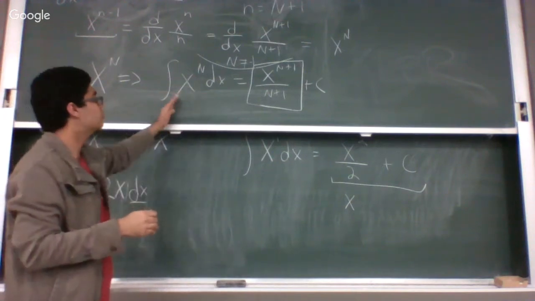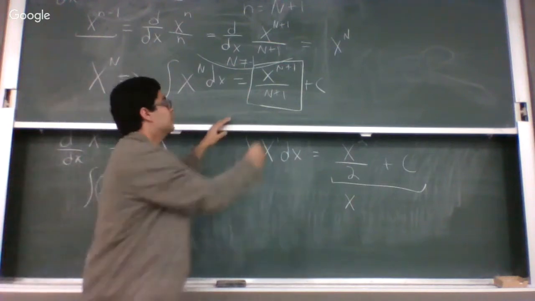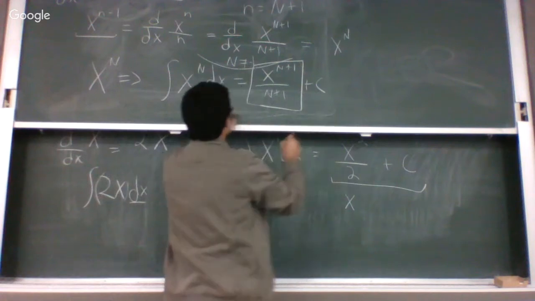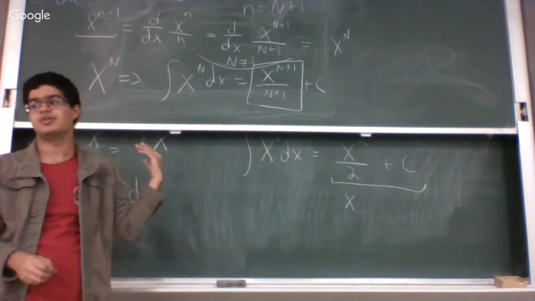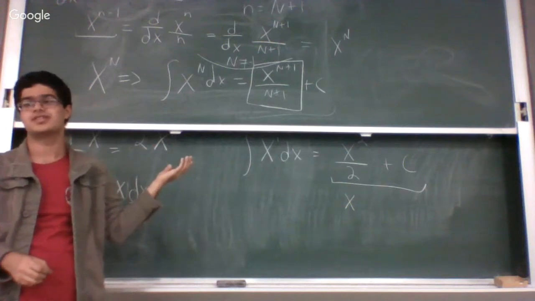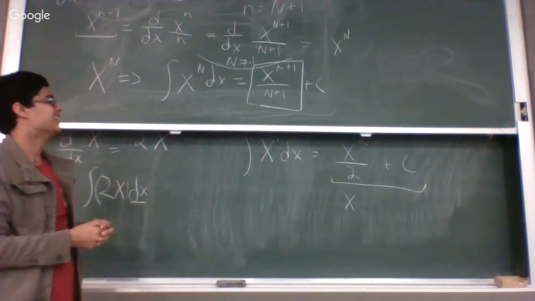But since we took an integral of this side, we need to do an integral of this side. So the integral of this entire function would equal x to the n. So then the equality stays the same.